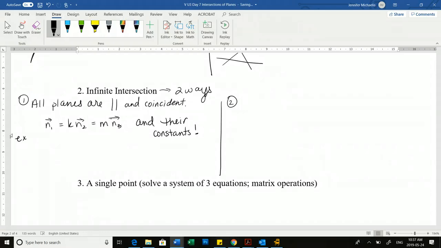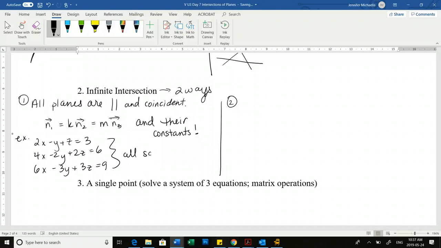Just as a little sample for you guys, we can see here that if I have this section of 3 planes, okay, these would be all scalar multiples of one another.